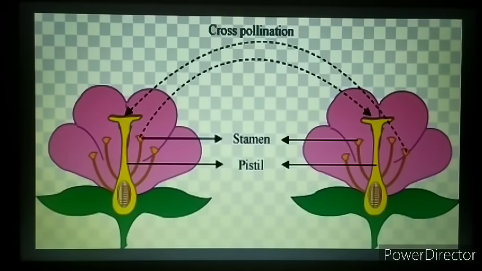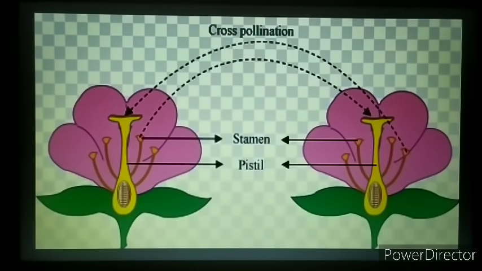So if the pollen grains are transferred from the stamen of one flower to the stigma of another flower of a different plant, then this is what is called cross-pollination, which takes place across two different plants.